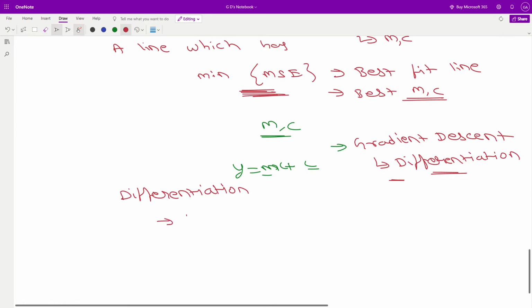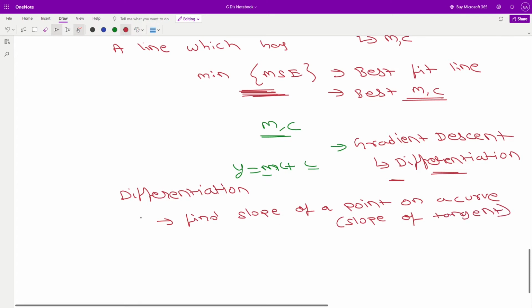One is to find the slope of a point on a curve, which becomes your slope of the tangent. And the second reason we use differentiation is to find the minimum or maximum of a slope, right? These are the two points we learned from our last video.